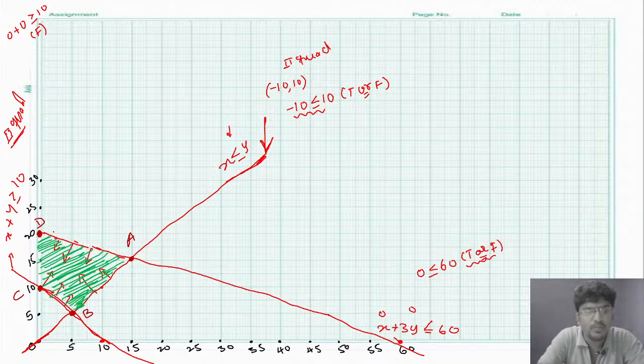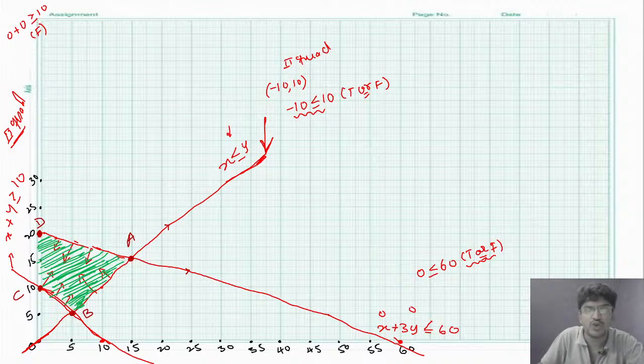Now to find point A, I have to solve the equations of these two lines. That means the point is present on which lines, those two lines have to be solved.